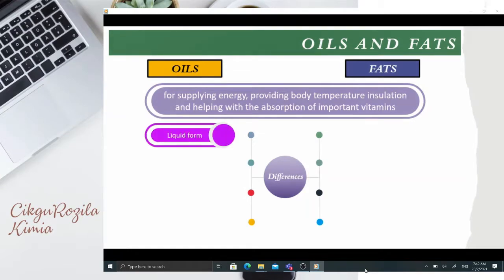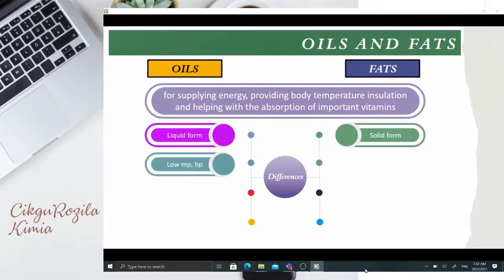There are several differences between oils and fats. The first one, we know that oils exist in liquid form while fats exist in solid form. That makes oils have low melting and boiling points, while fats have high melting and boiling points.